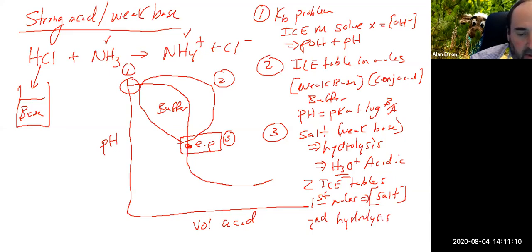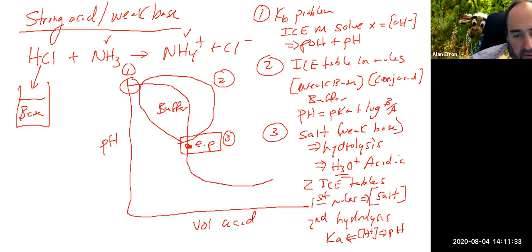Here you probably have a Kb value given to you. You need to use that Kw expression to convert it to Ka, and that will give you your H plus concentration, and then you can go into your pH once you solve for x. So very similar to the titration we were just talking about, just sort of backwards.